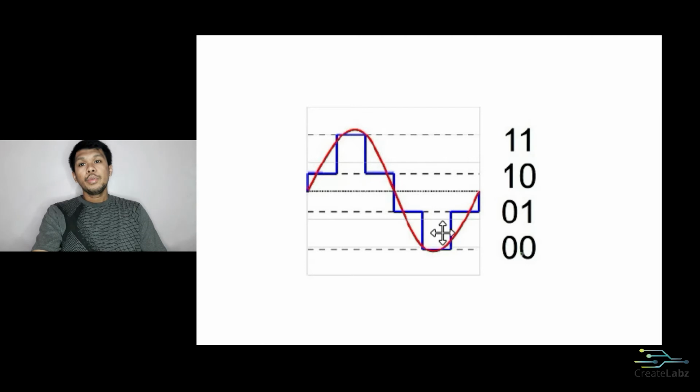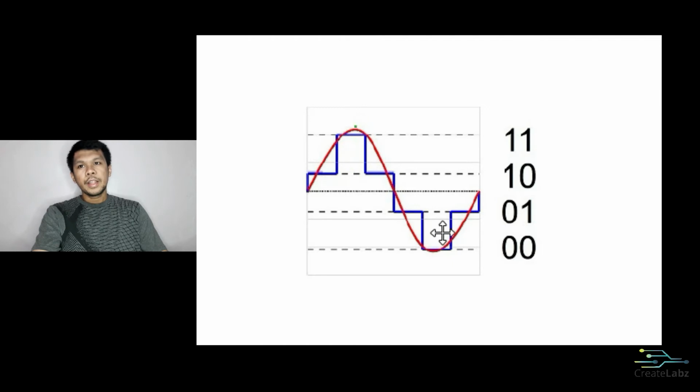In short, we've divided the whole range of the analog signal into 4 points only. For example, this point has a specific analog value. The digital value is 1, 0. At this point, the analog has another specific value, but the digital has no value at this point, so it can only take either this one or this one.